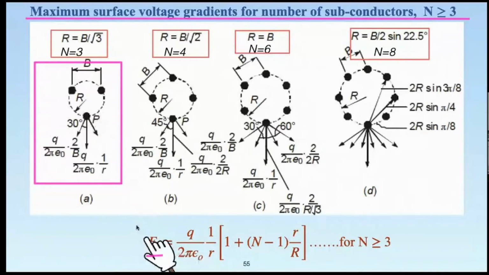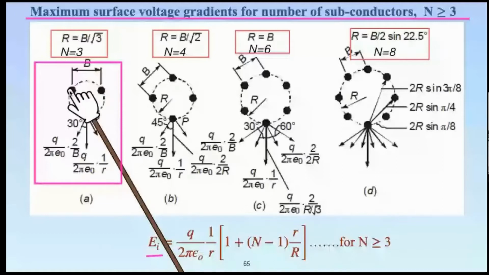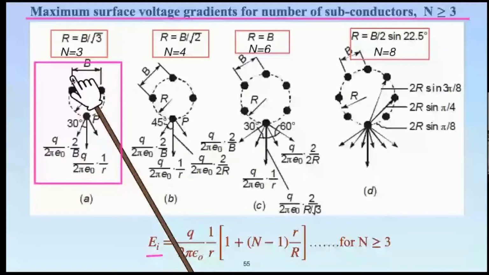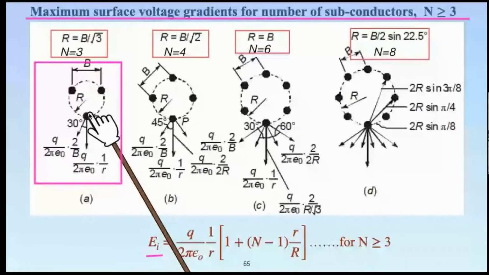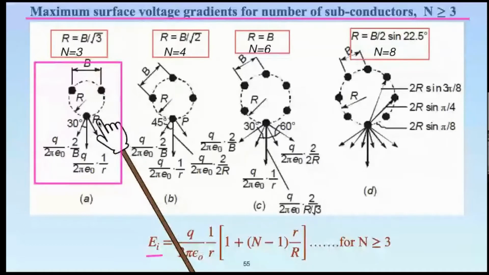Please remember, 1, 2, 3. These are charged conductors, and we are trying to find out the electric field on the surface of this particular conductor. So that point where we want to measure is point P. It is on the surface of the conductor. So that point P will experience 3 sets of forces, 3 electric field lines.